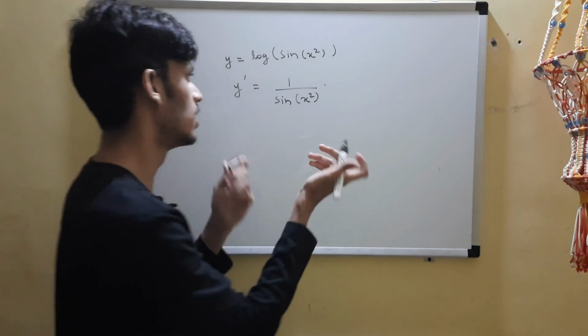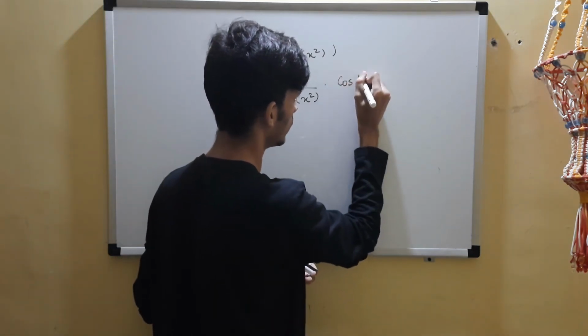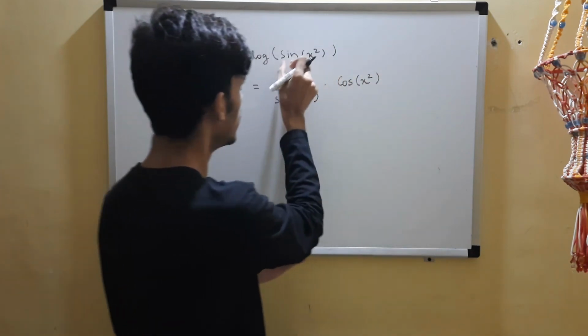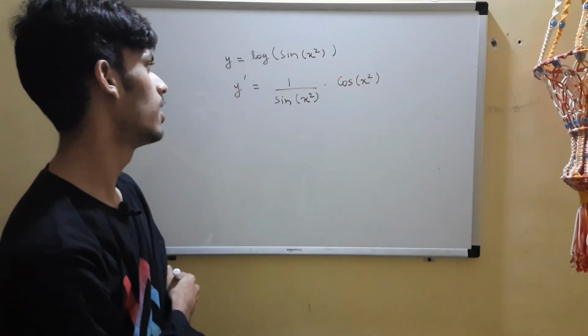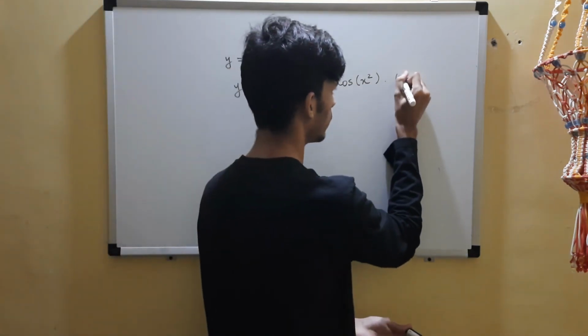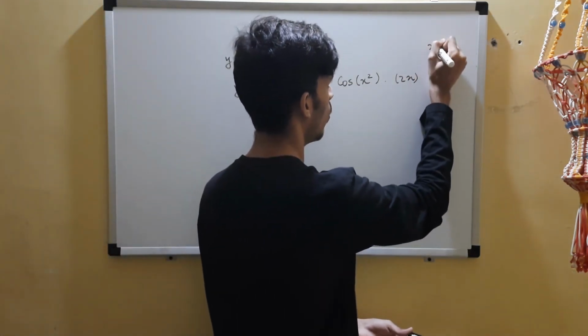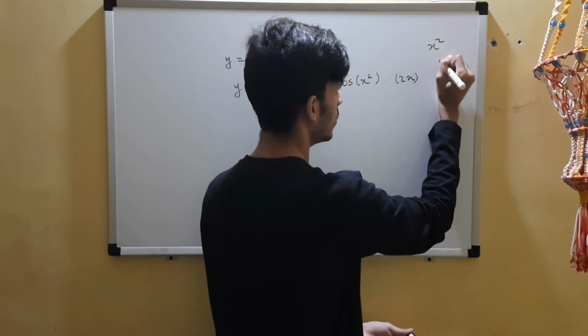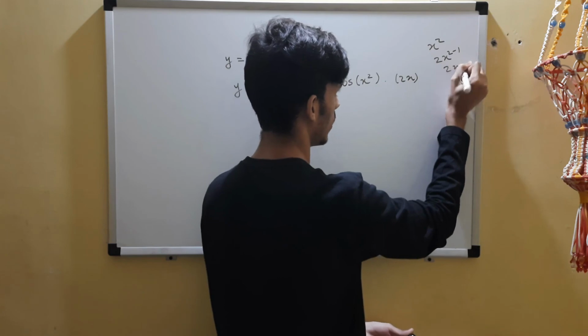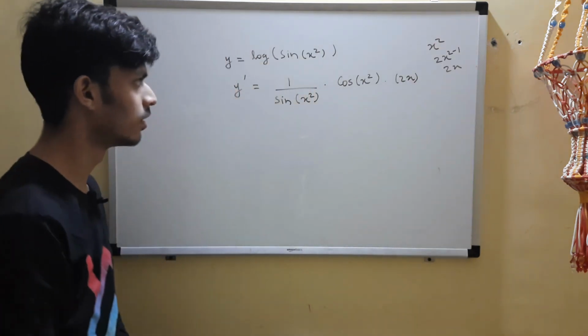Sine. What is the differentiation of sine? Cos. Keep the rest the same. Now again go inside, this is chain rule, right? Now differentiate x square, which is 2x. How, sir? x square, x raised to 2 minus 1, so 2x, right? Okay, so simple.